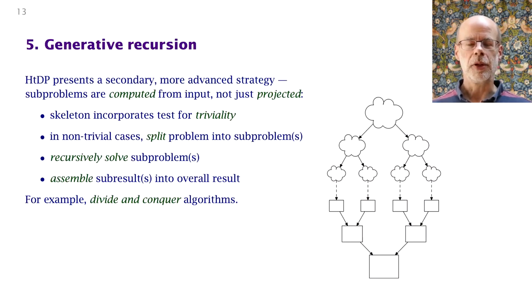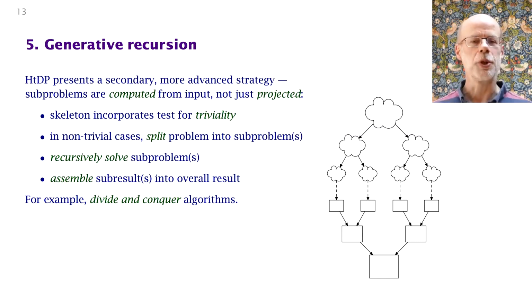Now, how to design programs doesn't stop with structural recursion. It goes on to some more elaborate and sophisticated design recipes, and one of those is generative recursion. This is a generalization of structural recursion. You make recursive calls on substructures, but the substructures are not immediately present in the problem.